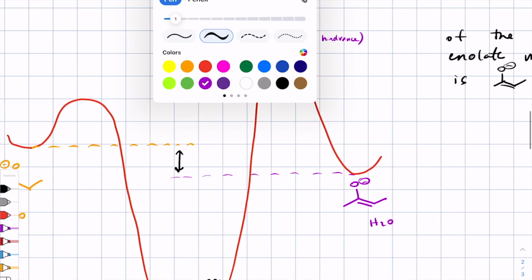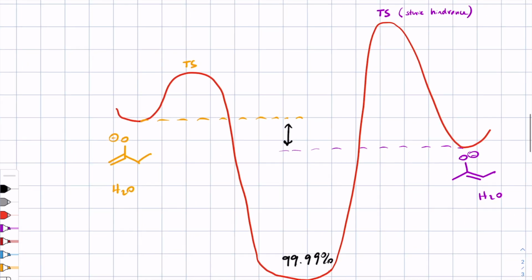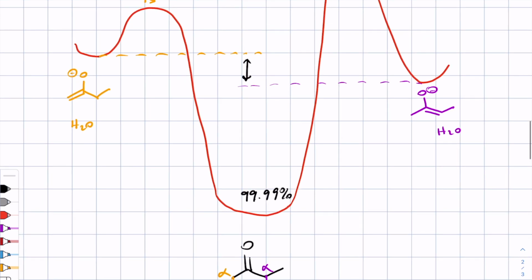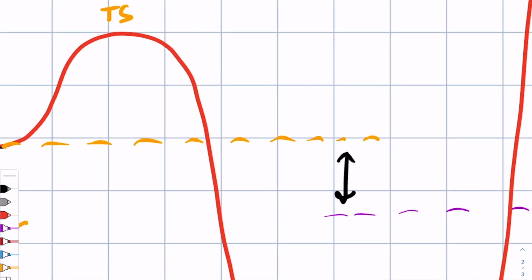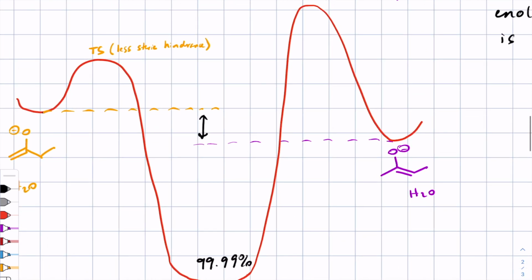Versus over here, the orange transition state is a little bit lower. And again, that is because a base has fewer things to contend with in trying to access the orange alpha proton. So for the transition state here in orange, we'll say just less steric hindrance. Okay.